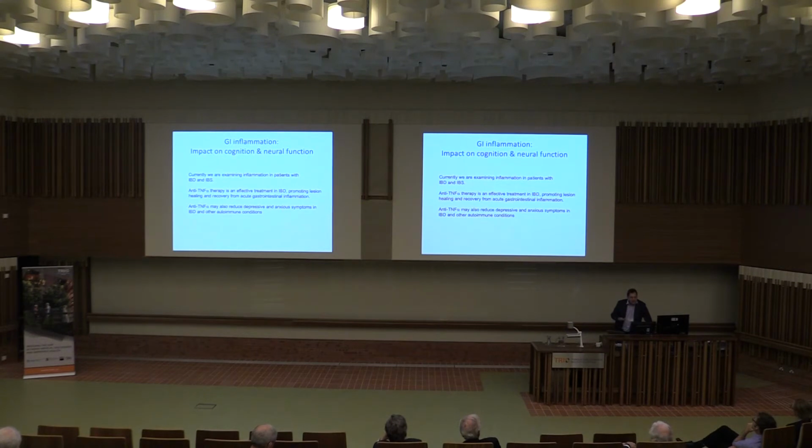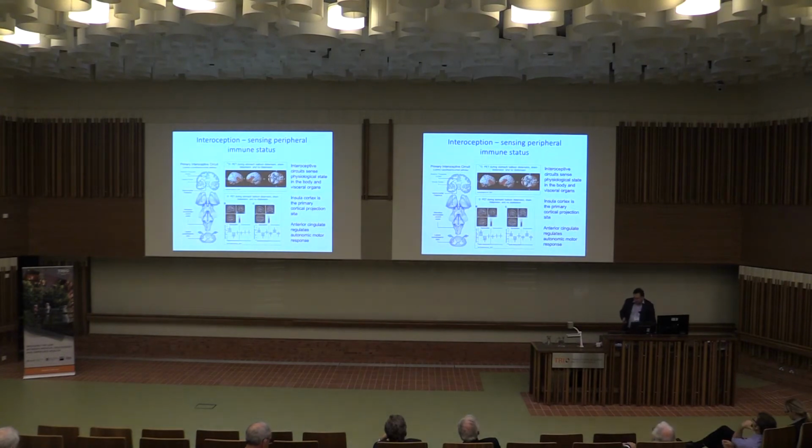So there's a lot of time between injections. There are also a few reports that anti-TNF-alpha might have antidepressant effects in patients with IBD, and possibly also in patients with other inflammatory conditions such as rheumatoid arthritis. So it's intriguing. Our focus was on the interoceptive circuits.